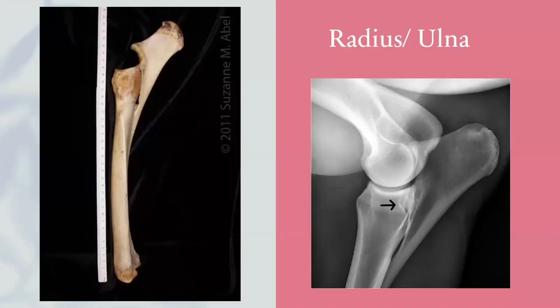All right, so as we move up the leg, we get to our radius and ulna. In people, the radius and ulna are 2 separate bones all the way down the forearm. In our horse, the ulna is fused to the radius. You can see it almost blends into one bone toward the bottom.